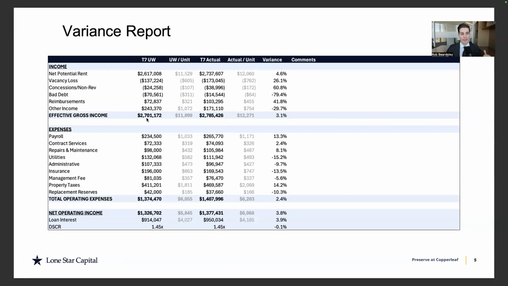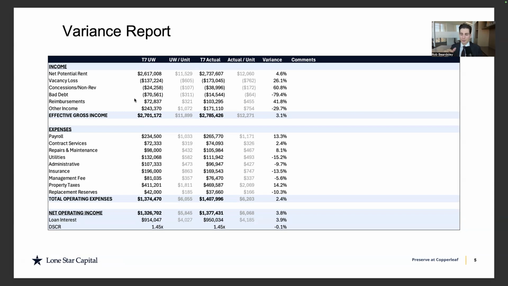So this report is for the end of 2024, essentially. If we had owned the project for the full year of 2024, this would effectively be a full 2024 year review versus the actual results for that same time period. So we can compare projections versus actuals in a real, true apples to apples comparison.